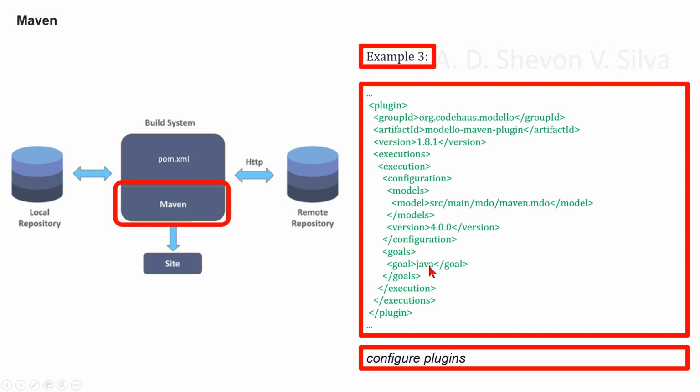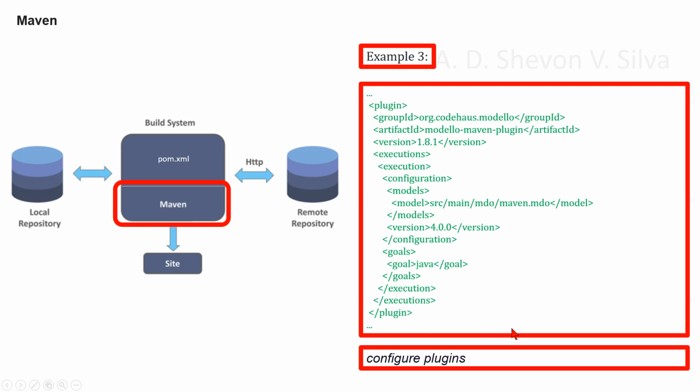Note that the modello:java goal generates Java source code. So to use the Modello plugin and have it generate sources from the model and incorporate that into the build, you would add the following to your POM in the plugin section of build.